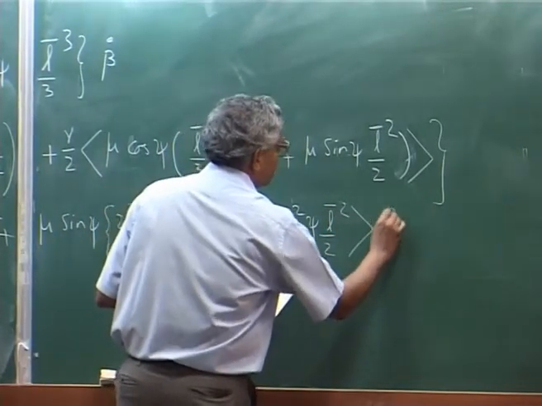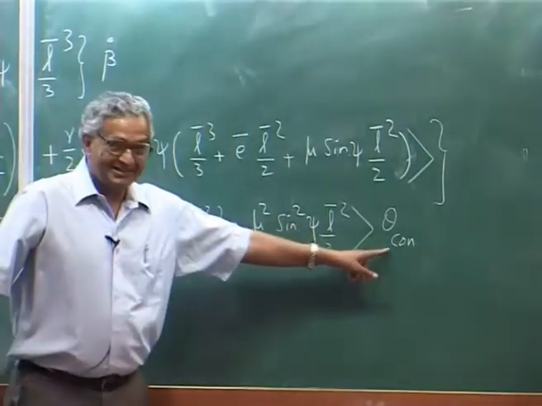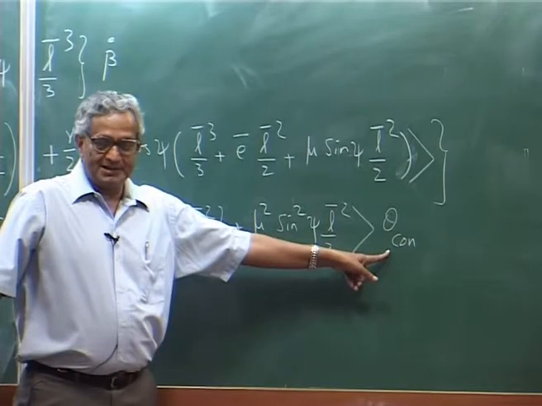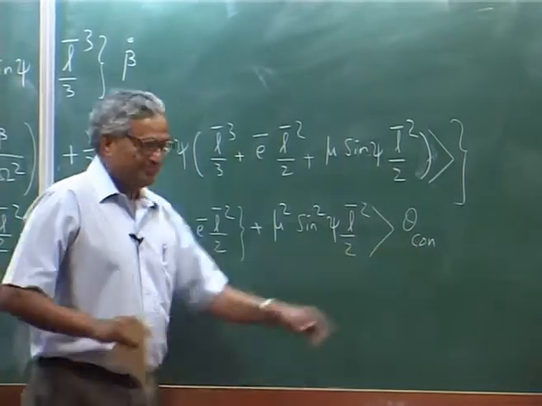This is into theta, the control input, that is the theta pitch input, what the pilot gives: theta naught plus theta 1c cosine psi plus theta 1s sin psi. That is this term.